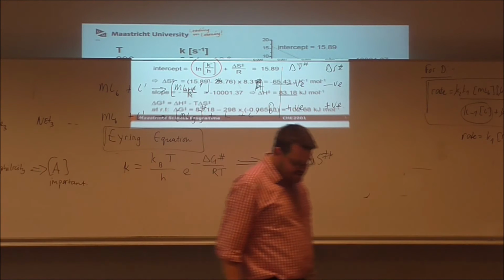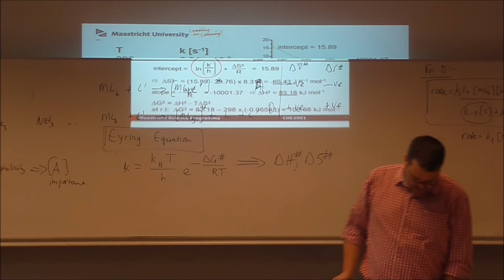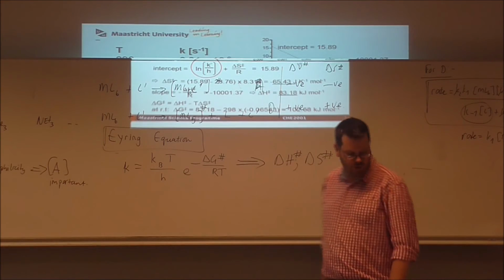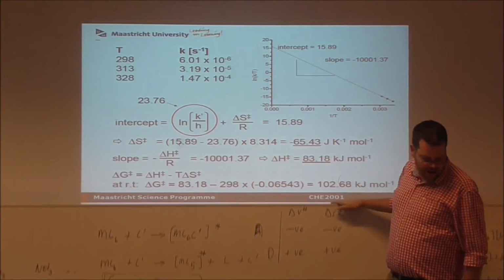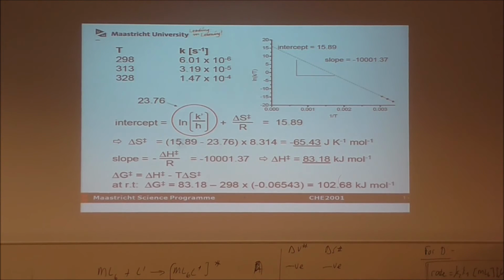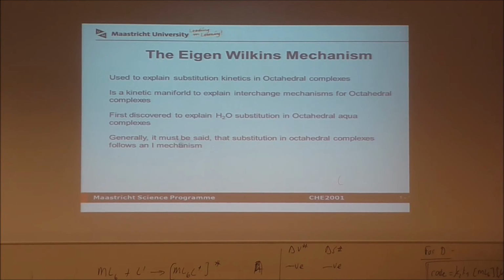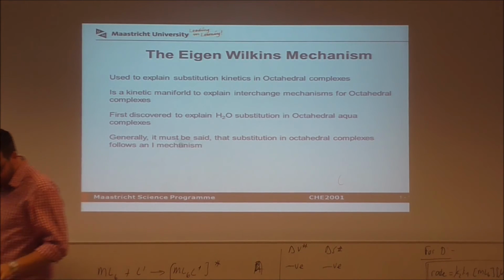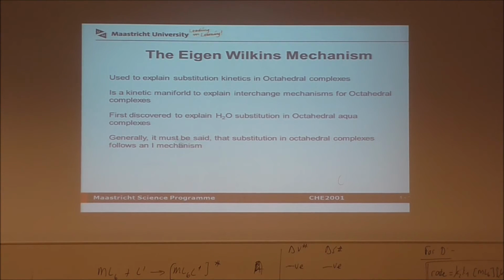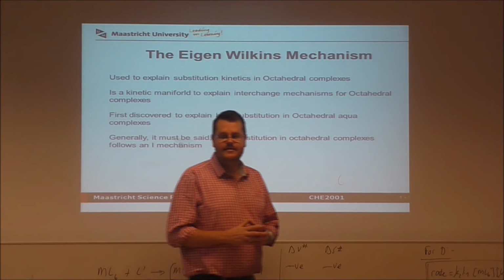Now, the next thing I want to look at in the context of substitution mechanisms, and this is very important, is the concept of something called the Eigen-Wilkins mechanism. Okay. Now, this is a mechanism that's very important in explaining and rationalizing the substitution of octahedral complexes.